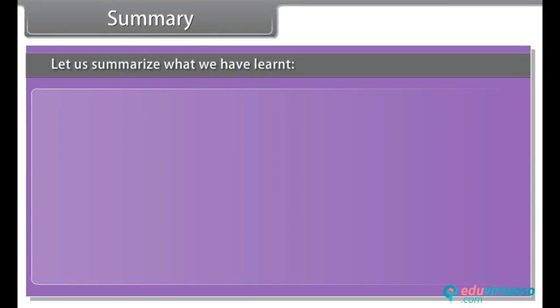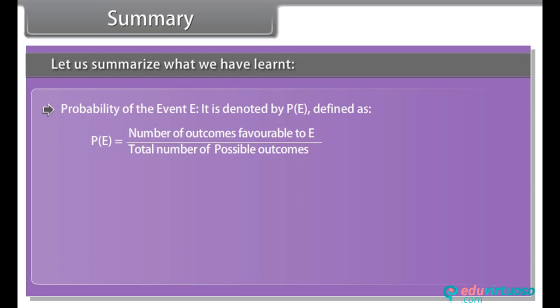Summary. Let us summarize what we have learned. Probability of the event E is denoted by P(E), defined as P(E) equals number of outcomes favorable to E divided by total number of possible outcomes.